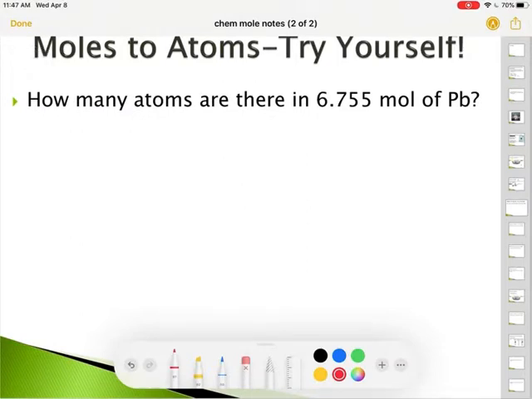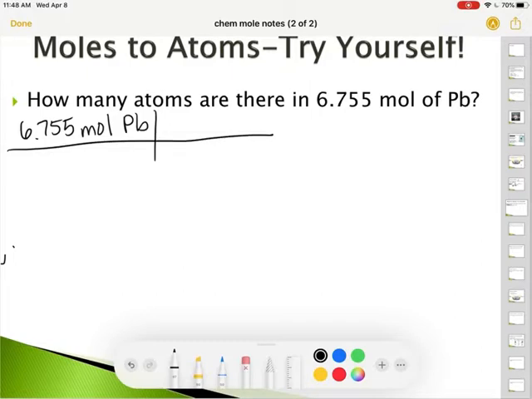Okay, now we've got 6.755 moles of lead. Notice nothing is changing about the way we're doing this based on what kind of atom it is or what kind of molecule it is. None of that changes. Okay, so starting with 6.755 moles of Pb, and for every 1 mole of Pb, there are 6.022 times 10 to the 23 atoms of Pb.